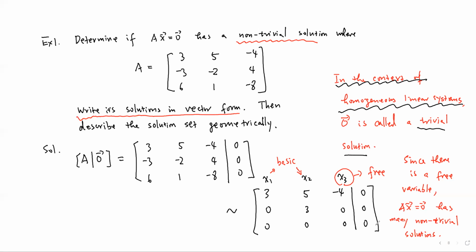I reduce this echelon form to reduced echelon form. Further, backward elimination. Then the reduced echelon form is 1, 0, negative 4/3, 0, 0, 1, 0, 0, 0, 0, 0, 0.